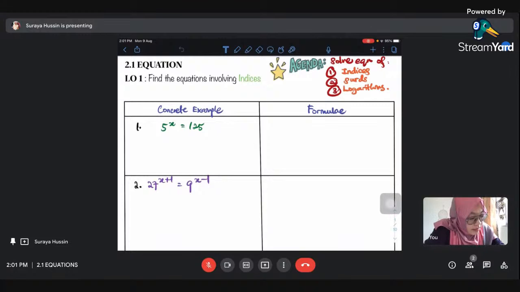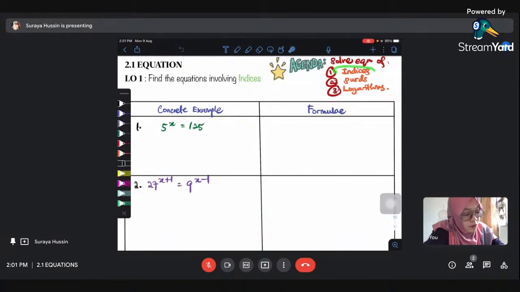Dalam 2.1 ni ada 3 benda yang kamu kena solve, which is you are trying to solve equation yang ada indices, equation yang ada surds, dan equations yang ada logarithm. So dia antara 3 ni lah yang kita akan belajar dalam masa 2 jam ini.